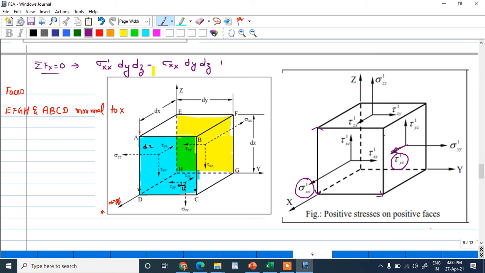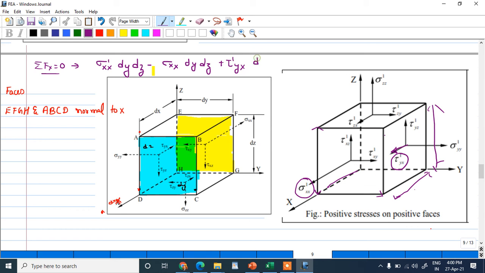You can represent plus, that is a positive tau dash yx, which is acting on the y plane. If this is the y plane, what is the area? The area will be this particular length and this. This particular length is nothing but dx, and this will be dz.